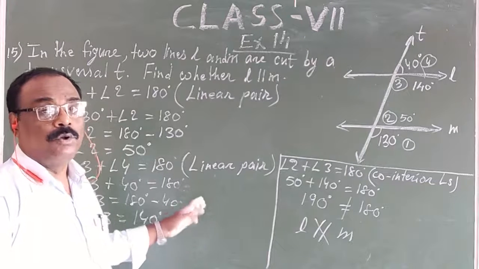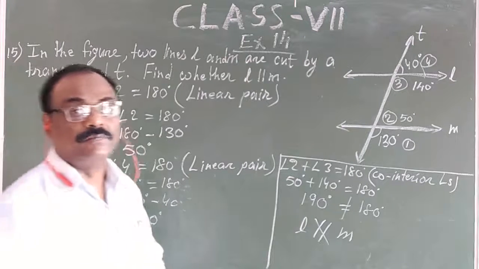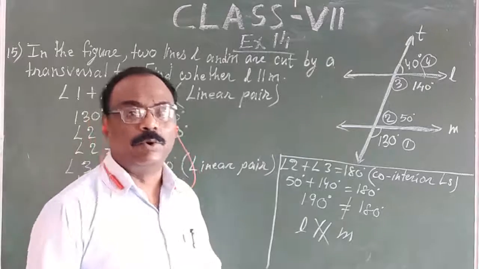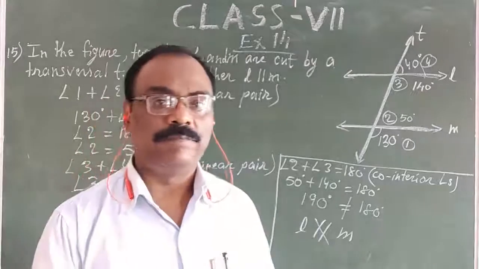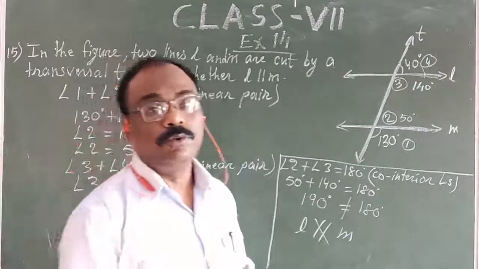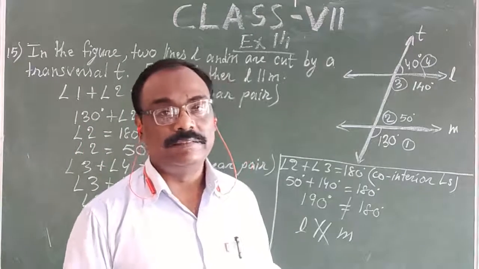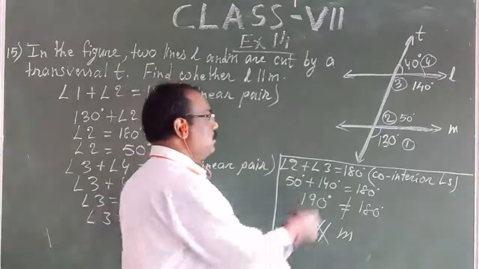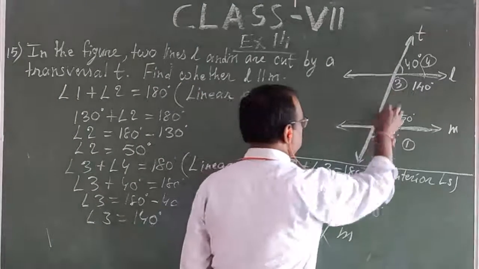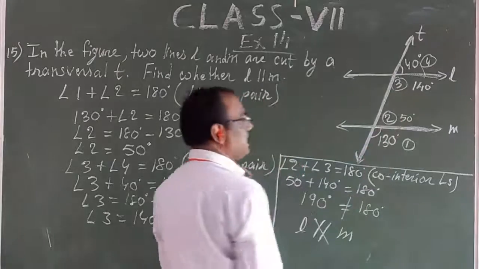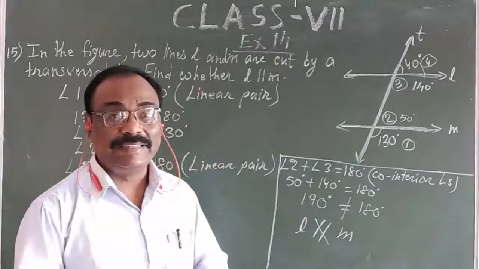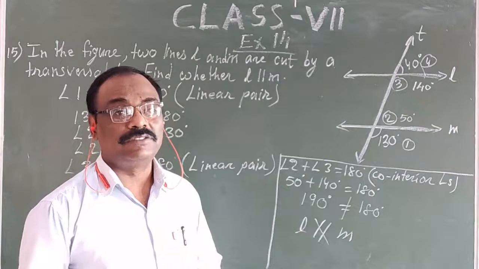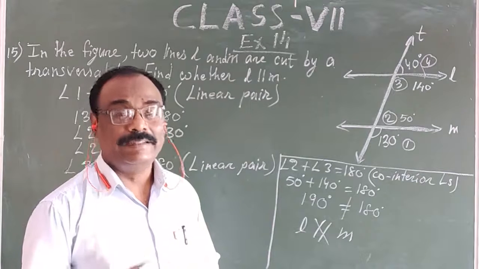I have solved one question out of the 3 questions given in the book. In the same way, you can try to solve the other questions also. Just remember that you have to prove for these 2 angles, the co-interior angles, in each figure, that their sum is 180 degree.